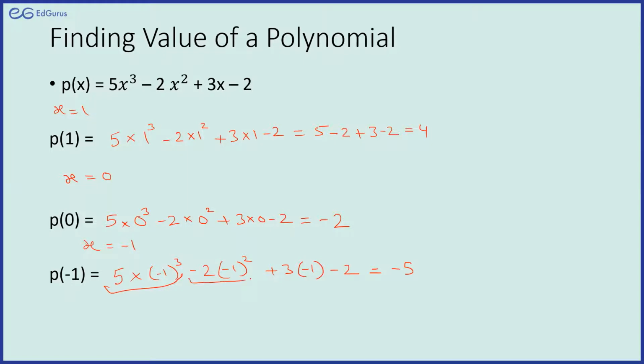Next. What is minus 2 times minus 1 square? -2. What is 3 times minus 1? -3. Good. And minus 2 as it is.